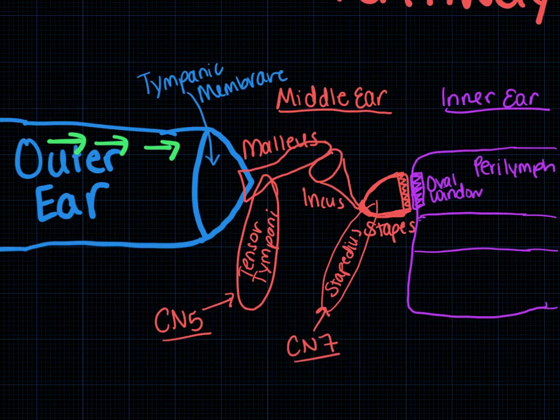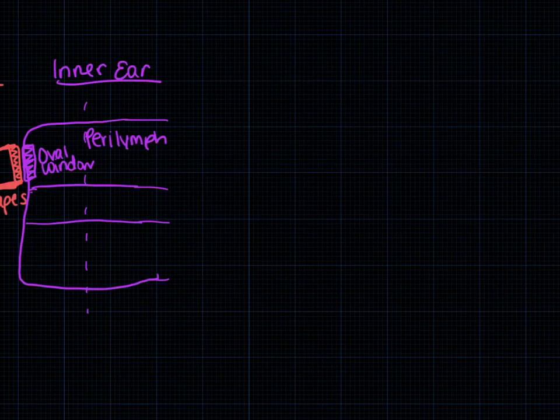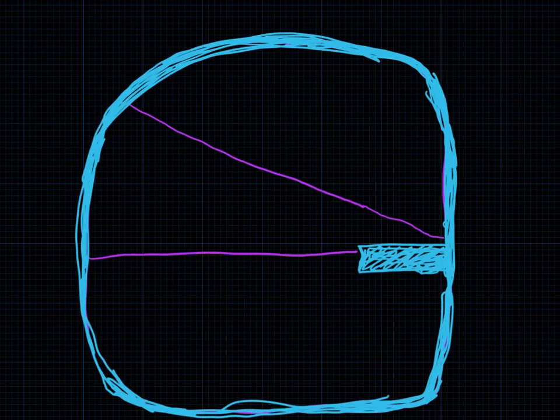So now let's look at how the inner ear is organized. If you took a cross section through the inner ear in this direction, out here in blue is supposed to be showing the bony cochlea, whereas in purple here, this is the membranous part, or the cochlear duct.